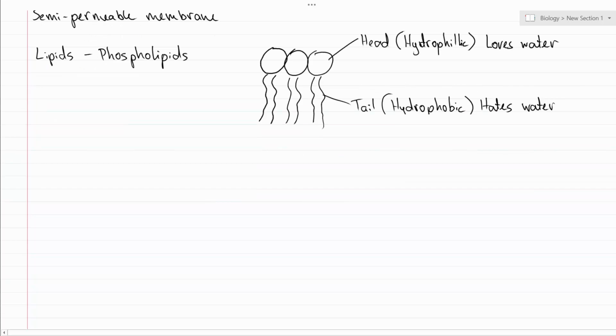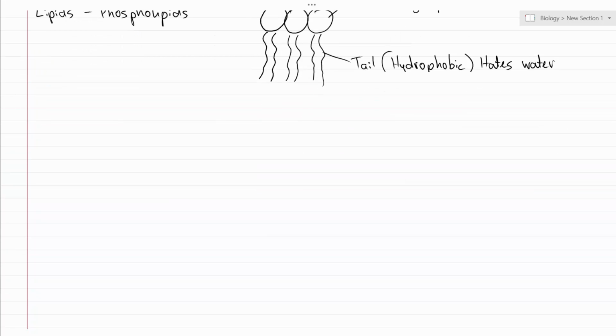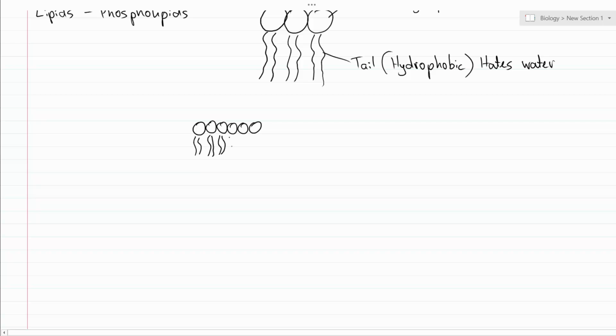So what this means is that phospholipids arrange themselves in something we call the phospholipid bilayer. The cell membrane is basically made up of two layers of phospholipids that exist facing in opposite directions. The reason for this is on the outside of the cell and on the inside of the cell we have water present.